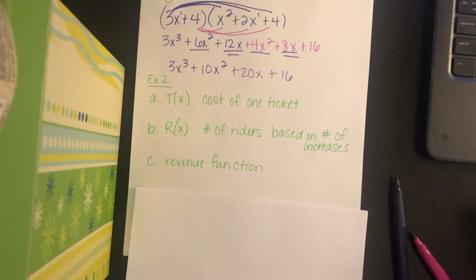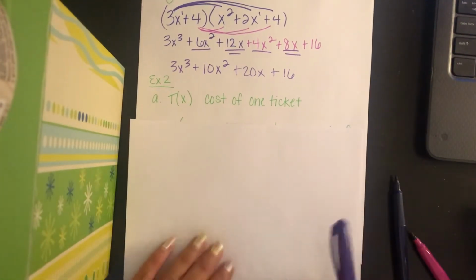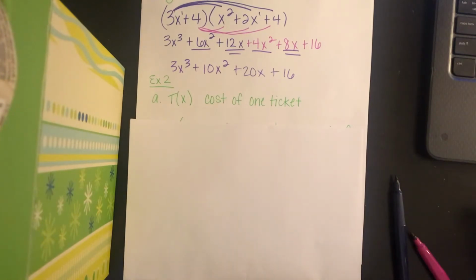Okay, number 2 was a word problem. Let's see, festival, hay rides. It says, let x represent the number of 50-cent increases. Okay, so in A, we are asked to write the T of x, or the cost of one ticket.